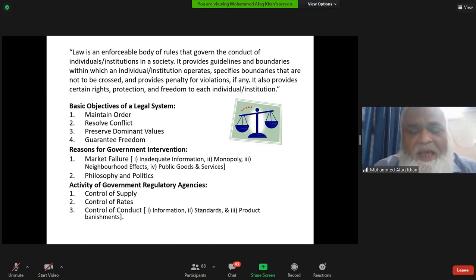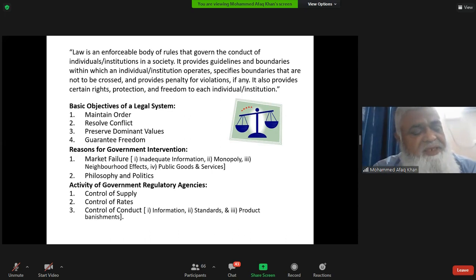That means these dominant values are embedded in the law, and the law takes the responsibility of preserving these dominant values. Then fourth is the guarantee of freedom.